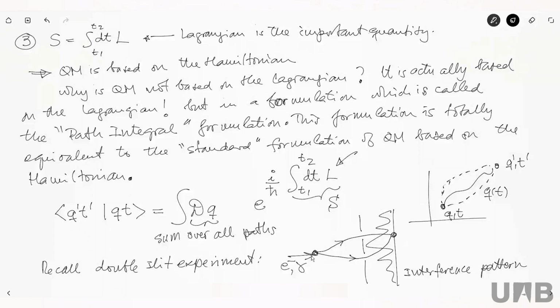You have to consider those that go through the upper slit and those that go through the lower slit, both of them. All the paths, these two, and also all the variants, any other that goes like this or like that. You have to consider the paths that go through the upper hole and the lower hole at the same time.